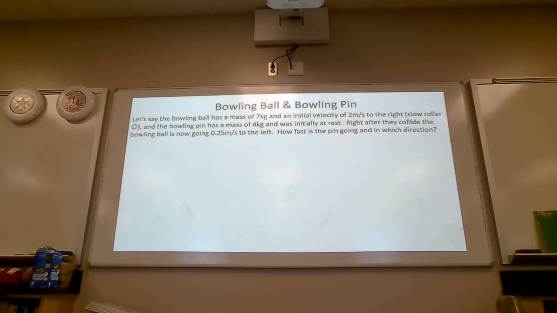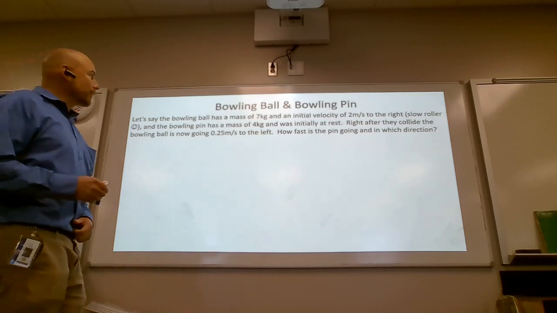And the bowling pin has a mass of 4 kilograms, initially at rest. Right after they collide, the bowling ball is now going at 0.25 meters a second to the left. How fast is the bowling pin going and in which direction? In this scenario, the bowling ball hit the pin and bounced back ever so slowly. We'd have to get an attendant because now it's in the gutter and not rolling through.